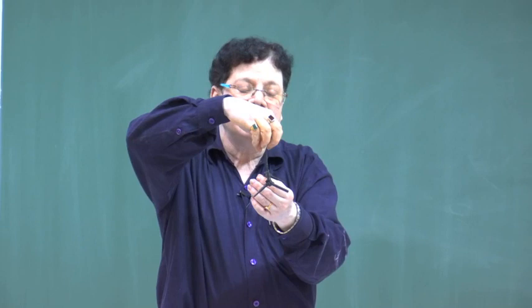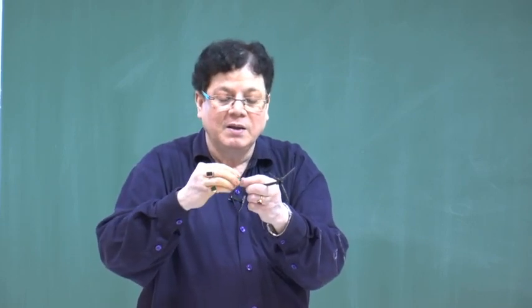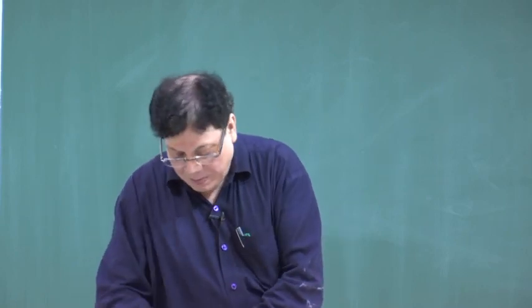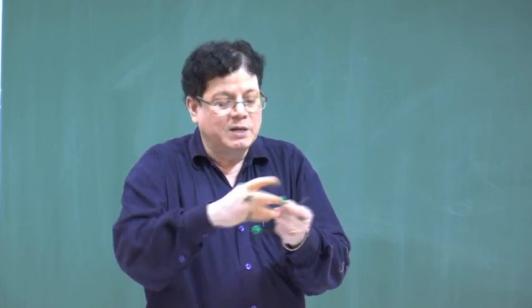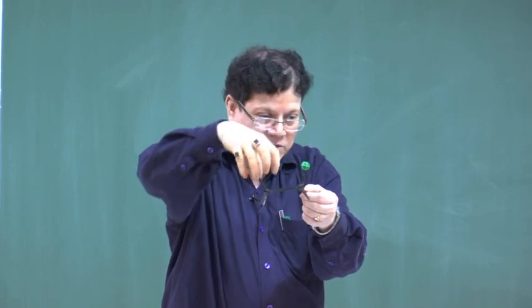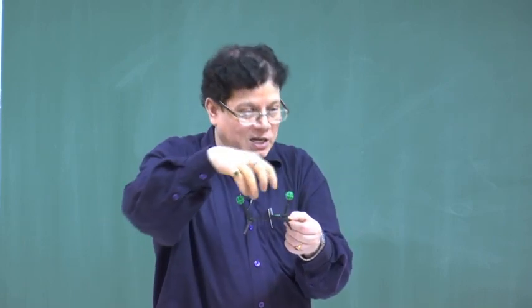One is, there is a hydrogen atom here, suppose this green ball is a hydrogen, and the other green ball is another hydrogen. Now, although it is shown very small, actually these are much bigger spheres. So, one thing that can happen is whether they are hitting each other or not.